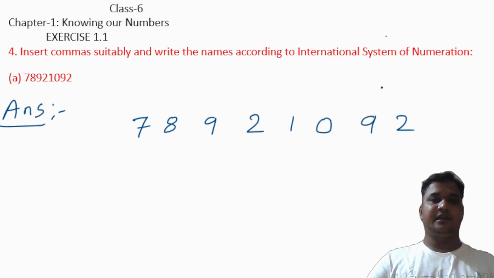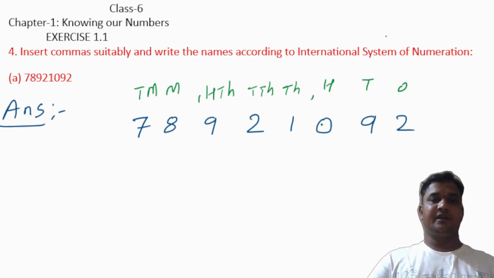According to the international system, place values: ones, tens, hundreds, after every 3 digits a comma, thousands, 10,000s, 100,000s, then again a comma. After every 3 digits we have to place the commas, and then million, 10 million. So this is according to the international system. We'll place the commas according to this.